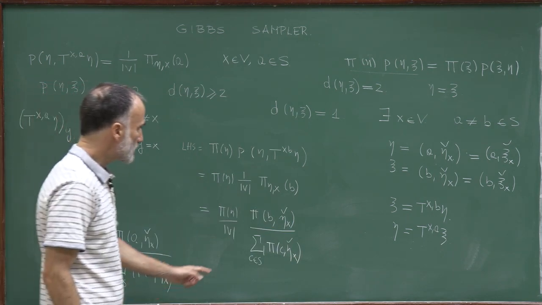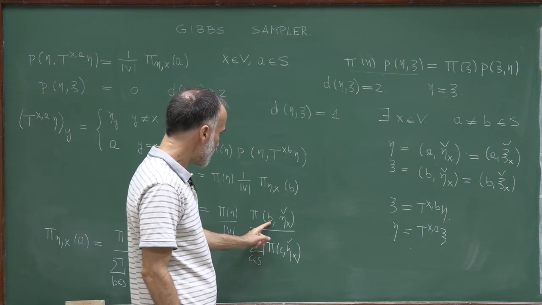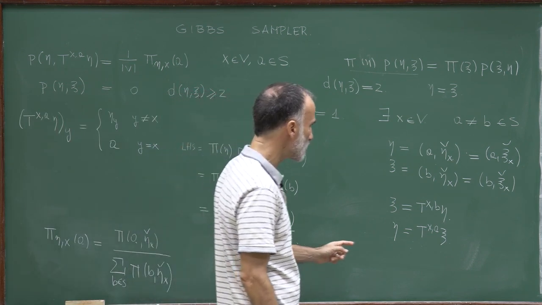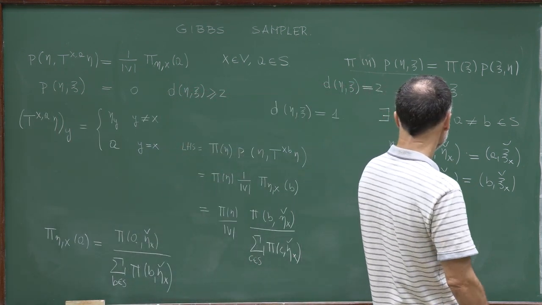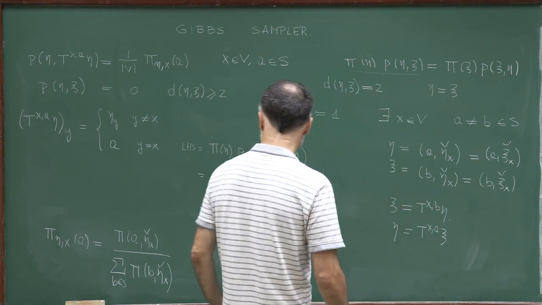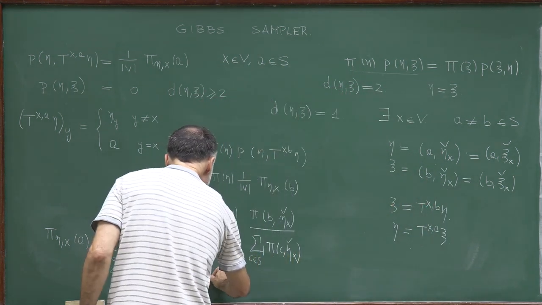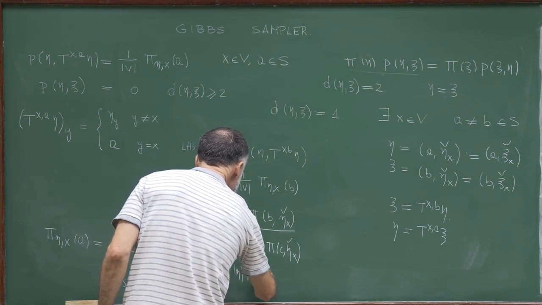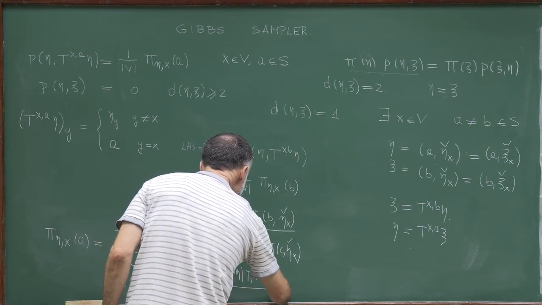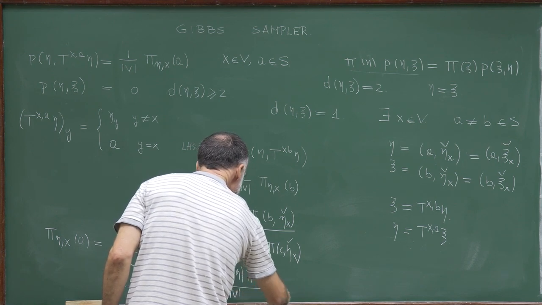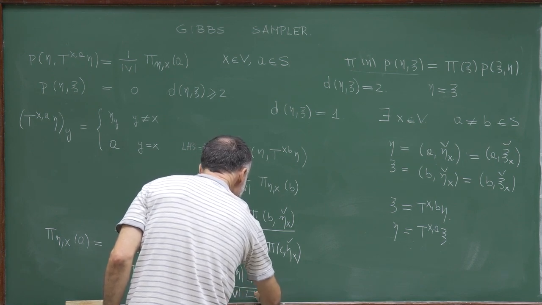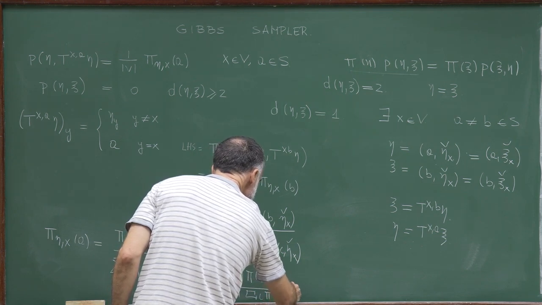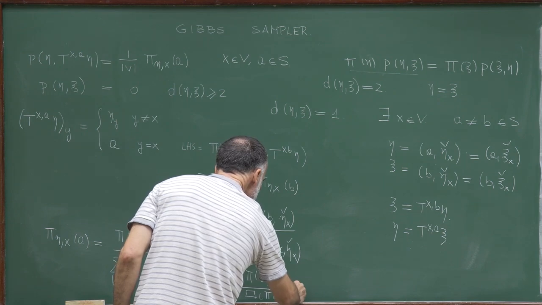And mind that the configuration which is at x equal to b and which is equal to eta outside x, this is psi. So this is equal to p eta p psi divided by v and divided by the sum over all c of p c ch x.